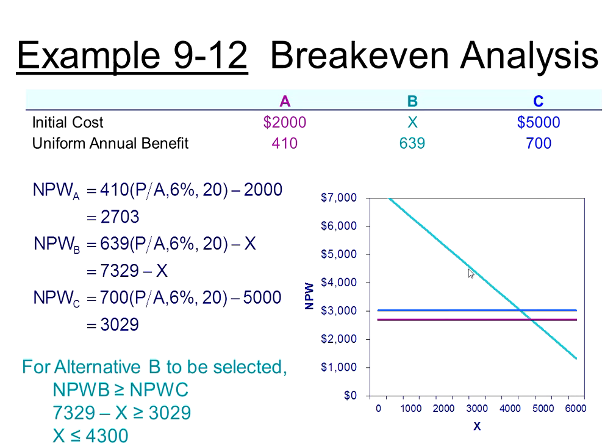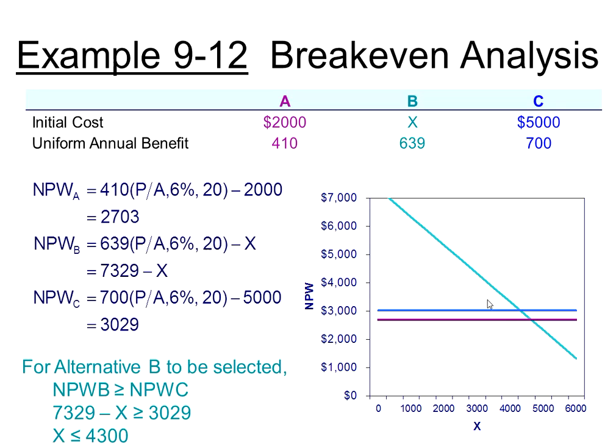This light blue line right here, that's slanted, is this equation, 7,329 minus X, the net present worth of B. And this line right here is 2,703, the net present worth of A, and this one right here is 3,029, that's the net present worth of C. And so you can see here, this right here is the 4,300.